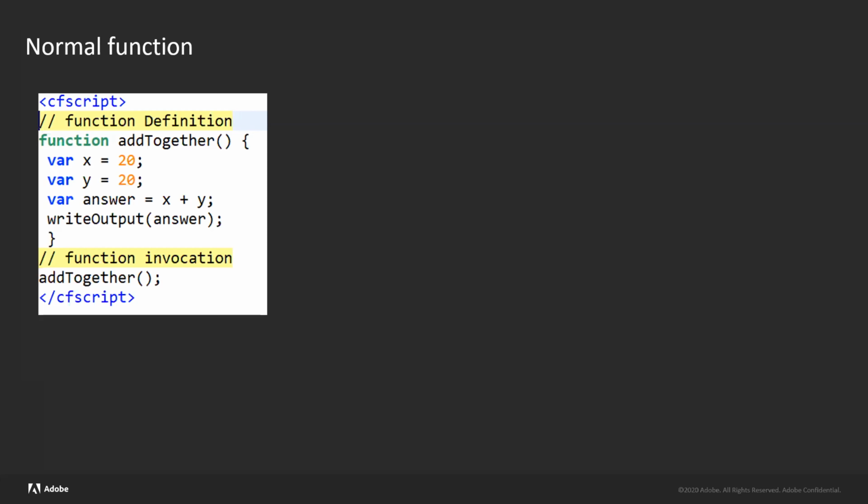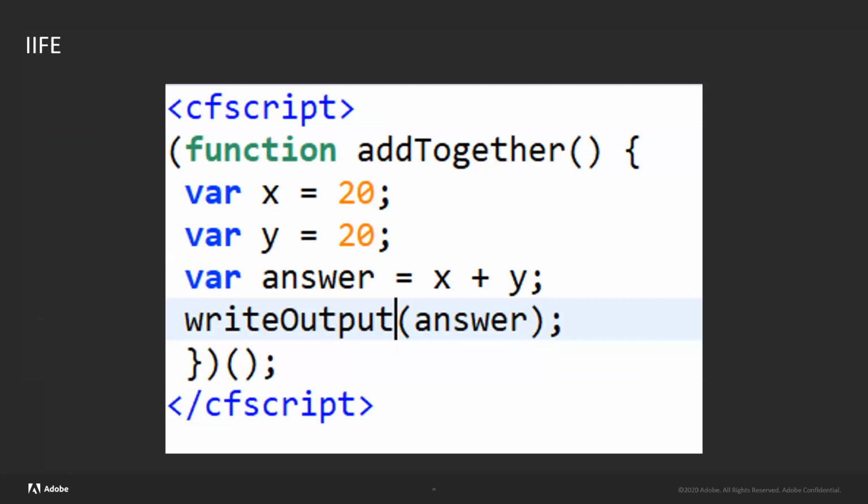Now I can actually make this an IIFE, or an immediately invocable function expression. What happens is I'm defining a function, and I'm also invoking it right there. So how do I do that? Provide the function definition, wrap it in these braces, and just invoke it straight away. It doesn't have any parameter, right? So just pass in the parameter list, and that's it. This will get invoked.